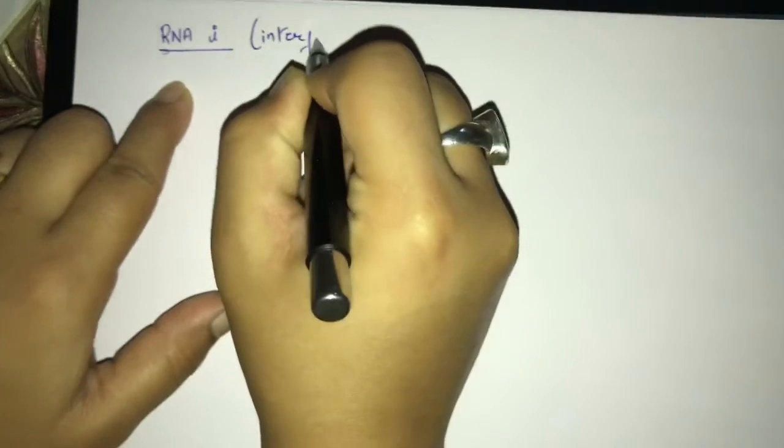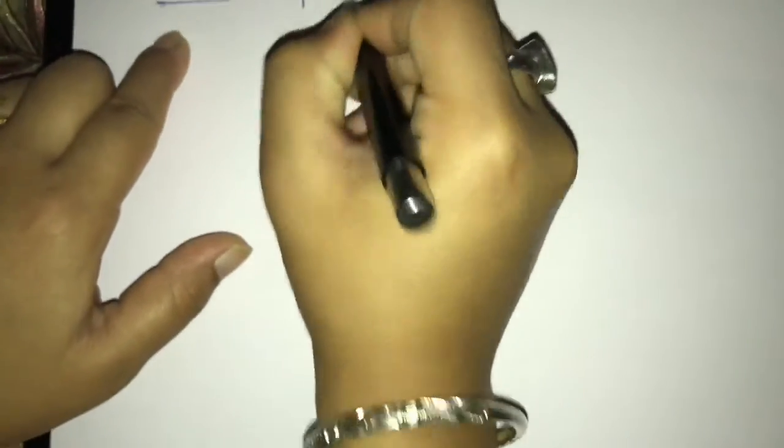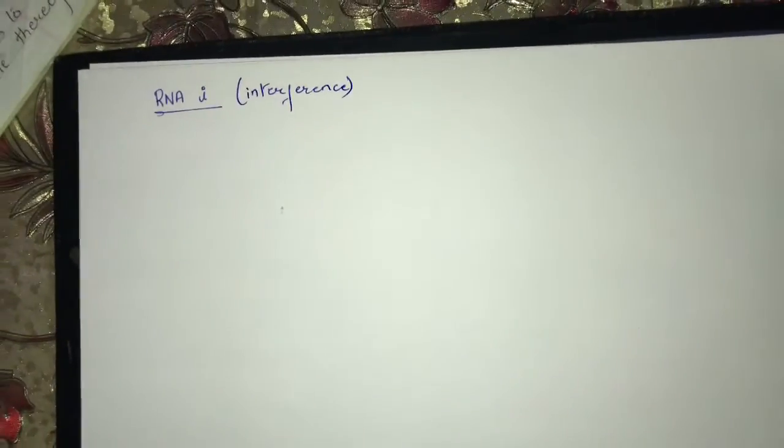So our next topic from the chapter Biotechnology is RNAi. Here i stands for interference. So RNAi means RNA interference.